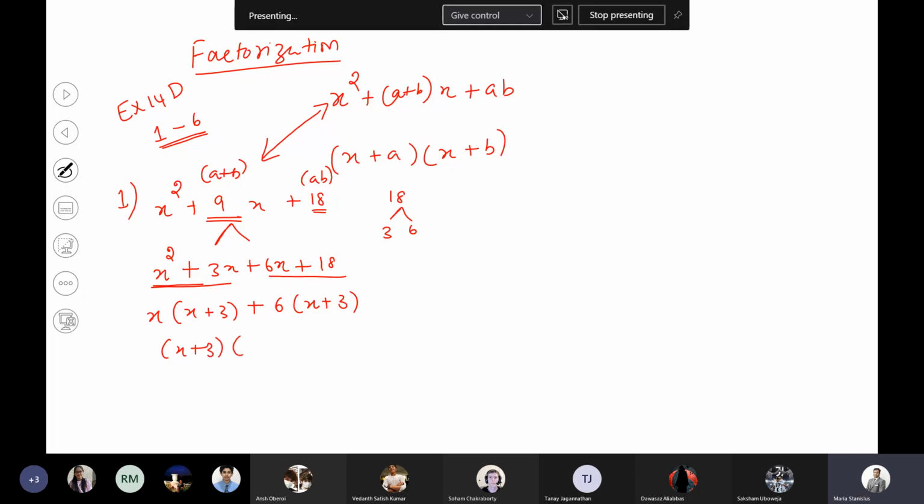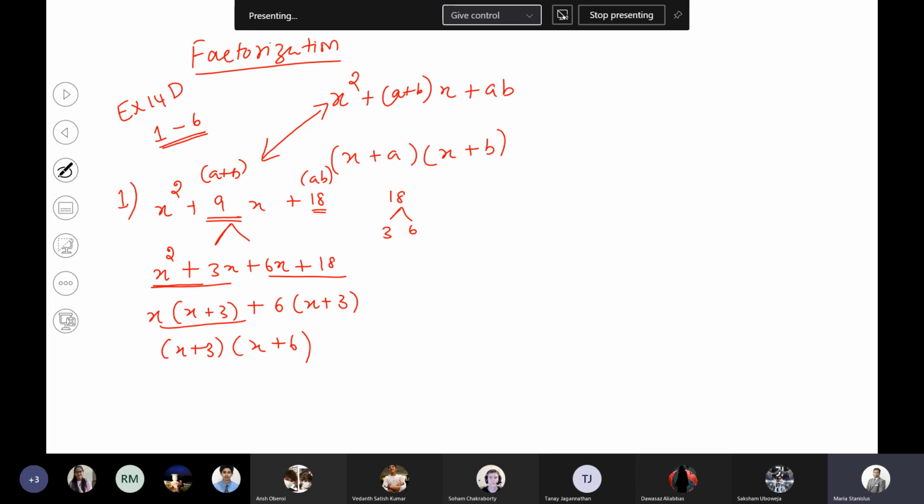If you take x plus 3 as a common factor, the remaining factor in the first term is x and in the second term is 6. Therefore, the factorization of x squared plus 9x plus 18 is x plus 3 into x plus 6.